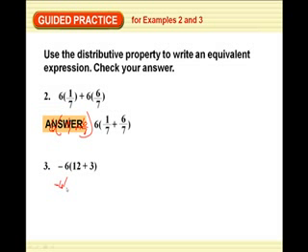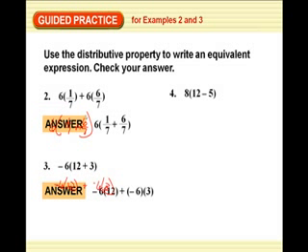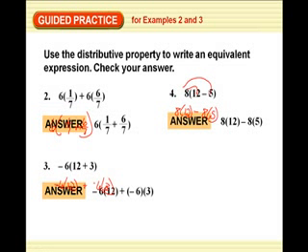So it's going to be negative 6 times 12 plus negative 6 times 3. So we're just distributing these in. So this is going to be 8 times 12 minus 8 times 5. This times this, this times this. We're just distributing that in. Now this one's opposite. We're going to take it out. Okay, see what we get? 3 times 11, 3 times 4.